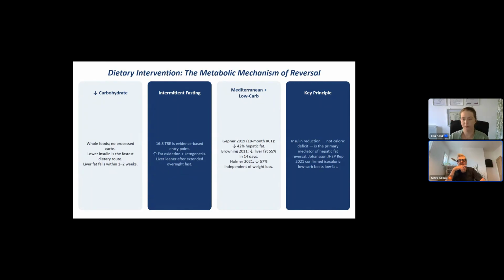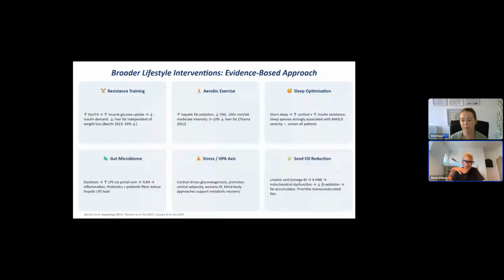It's just not about the diet. We can also bring lifestyle into this. So resistance training is underestimated in this particular case. What it does is it increases the glucose transporter translocation into the membrane, so we get more glucose uptake by the actual muscle cells, and therefore it increases our insulin sensitivity.